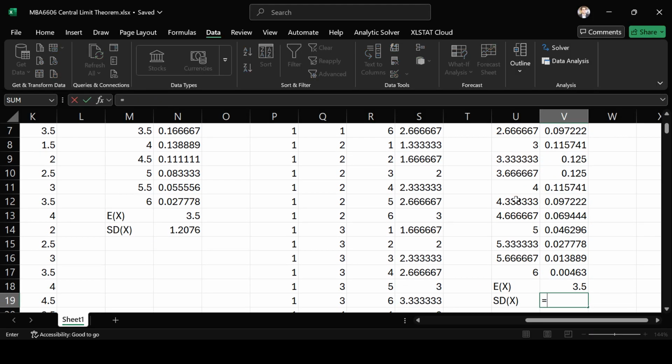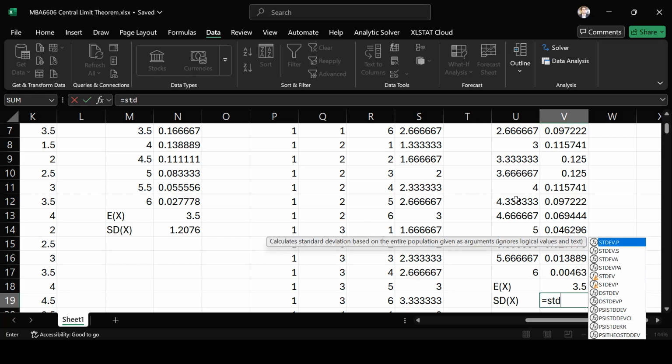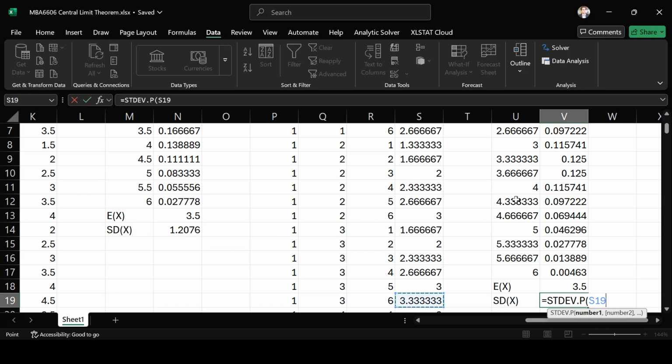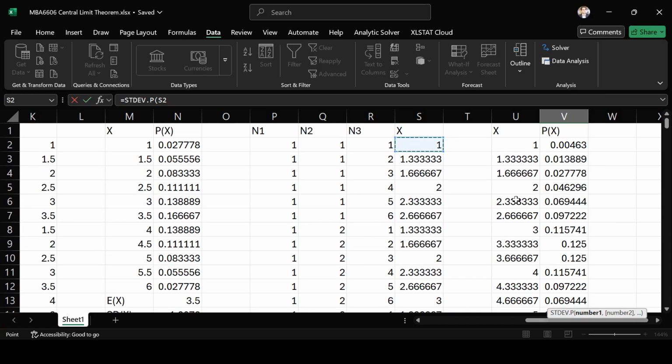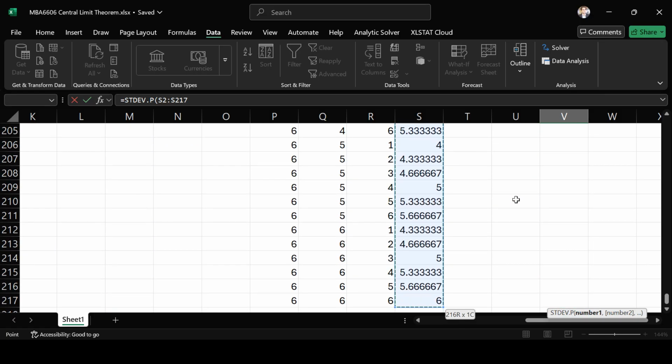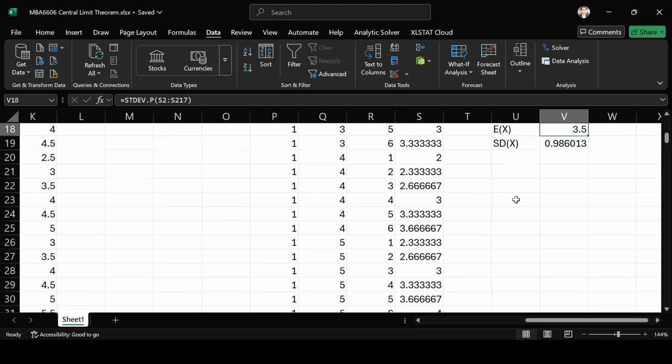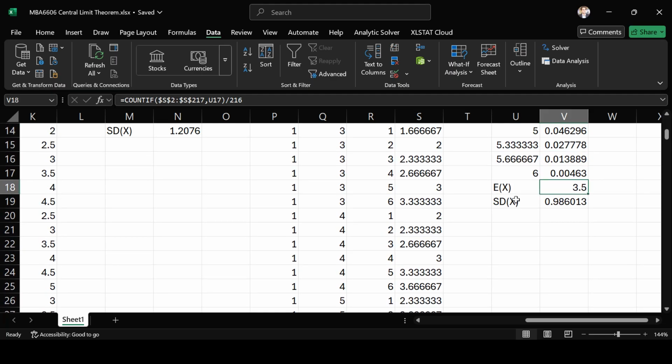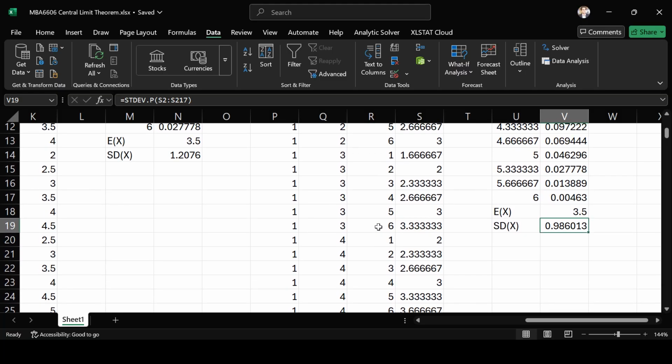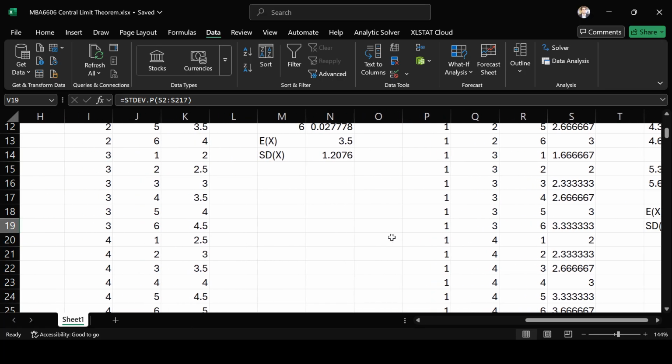And standard deviation is, we calculate it, and we see as the sample size goes on increasing, the standard deviation goes on decreasing, but the expected value continues to remain the same.